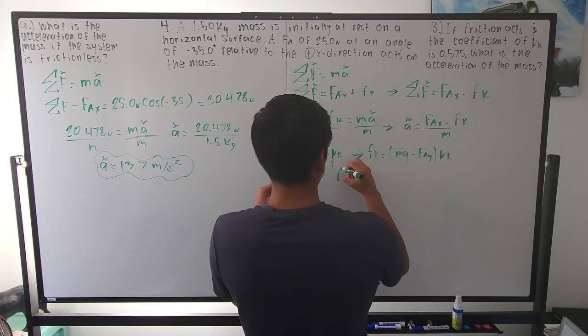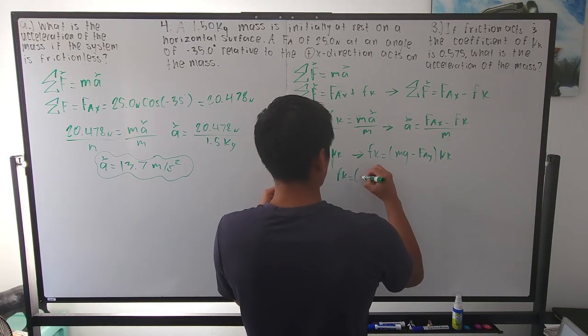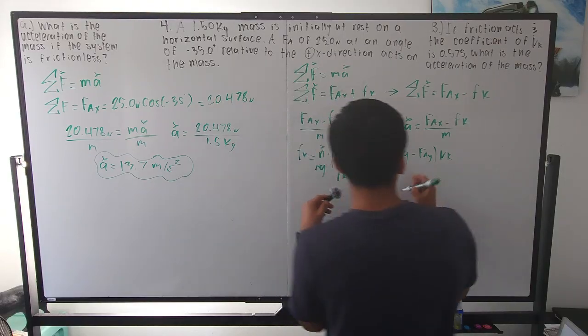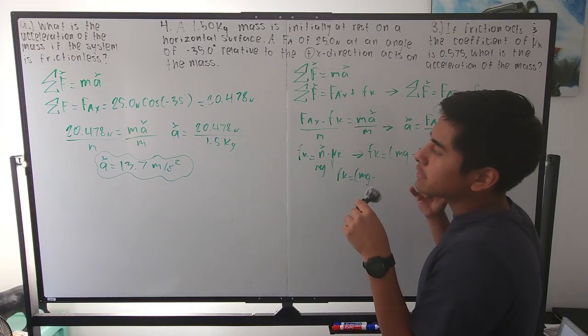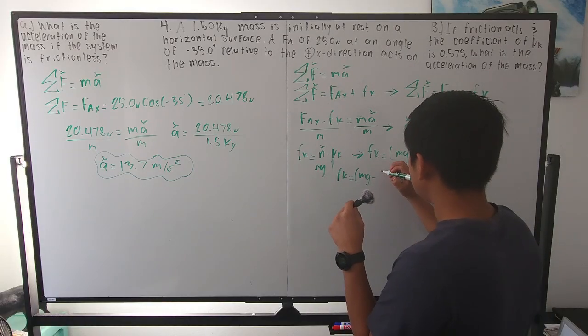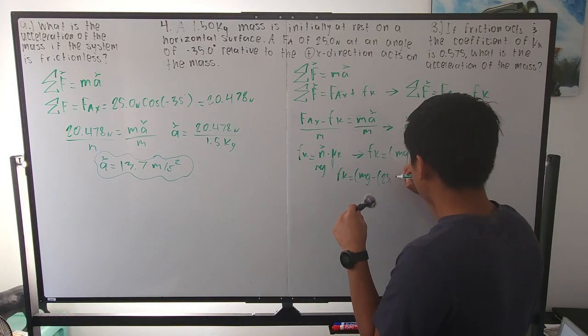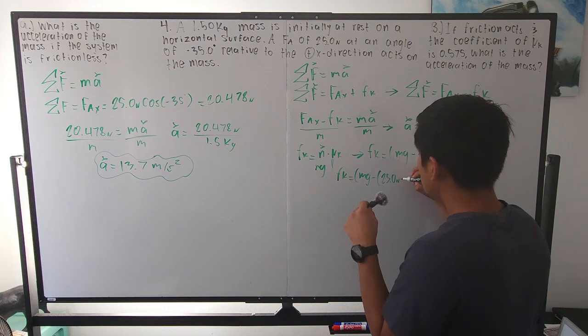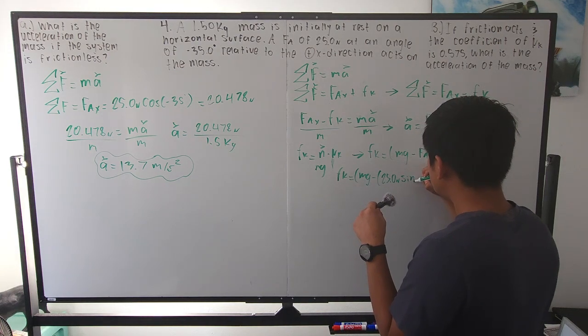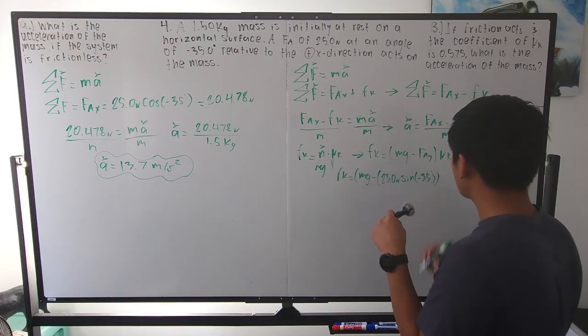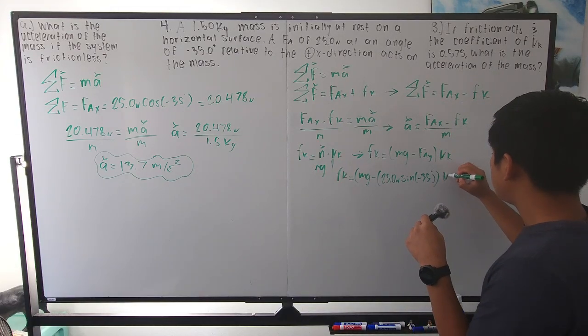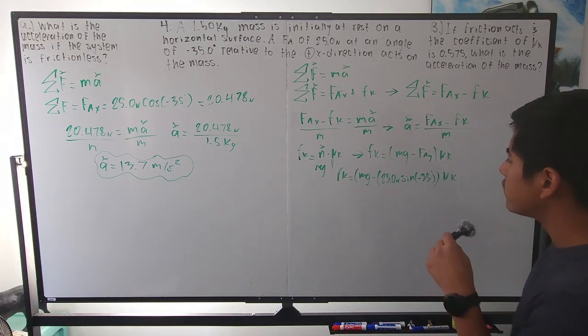So then the force of kinetic friction is equal to mg minus Fay, which is just going to be 25 newtons multiplied by the sine of the angle that this force is acting at, so the sine of negative 35 degrees, all multiplied by the coefficient of kinetic friction.